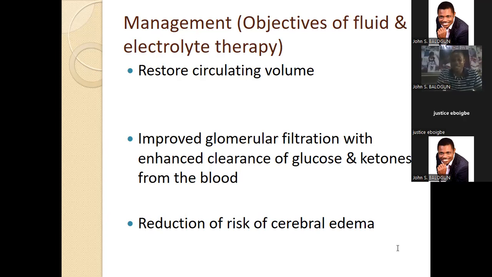The mortality of cerebral edema resulting from DKA is so high. So that is why you don't want to correct too rapidly. But you also don't want to correct too slowly, because the patient can die at any time. So there are what you call different phases. One is the quick phase.